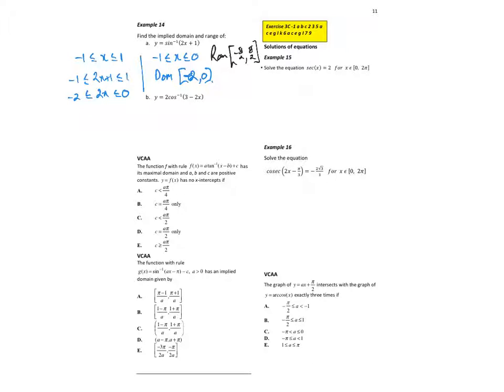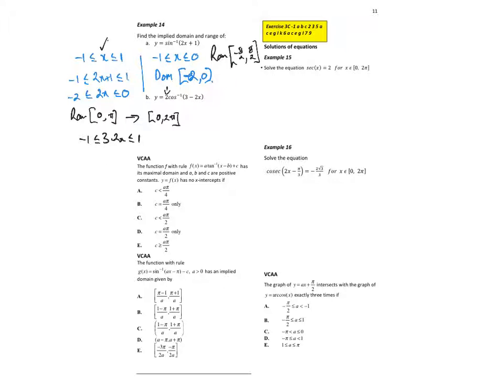Don't forget that information there in black, and that information is on our formula sheet. All right, so my range for cos is normally from 0 to pi. Since I'm going to multiply it by 2, it becomes 0 to 2 pi. My domain, negative 1, is less than or equal to 3 minus 2x, which is less than or equal to 1.